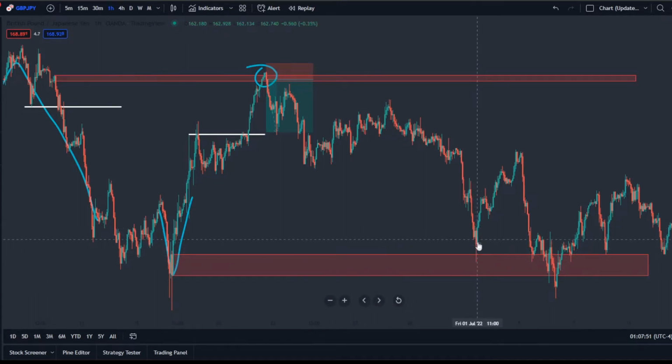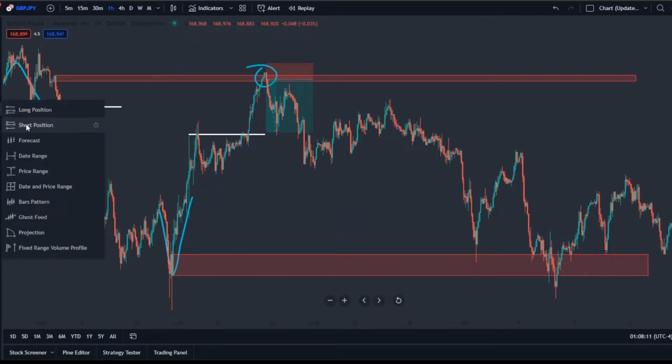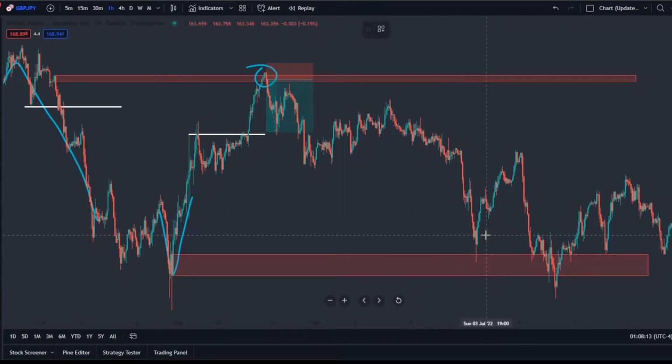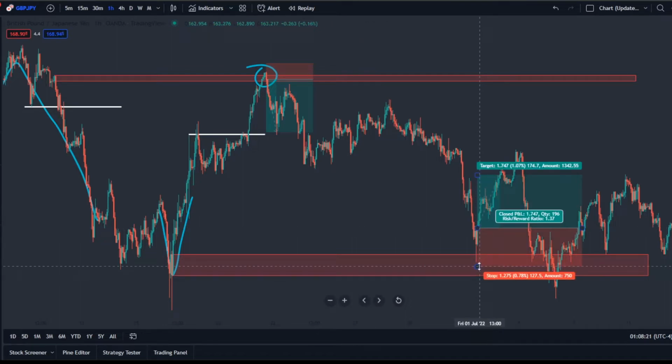The price has tapped here and then it rejected, it closes here. You could take the trade here, but personally I would take the trade on a bullish sign, in this case this bullish engulfing candle here. So I'm taking my long position here, stop loss slightly below the recent low here.